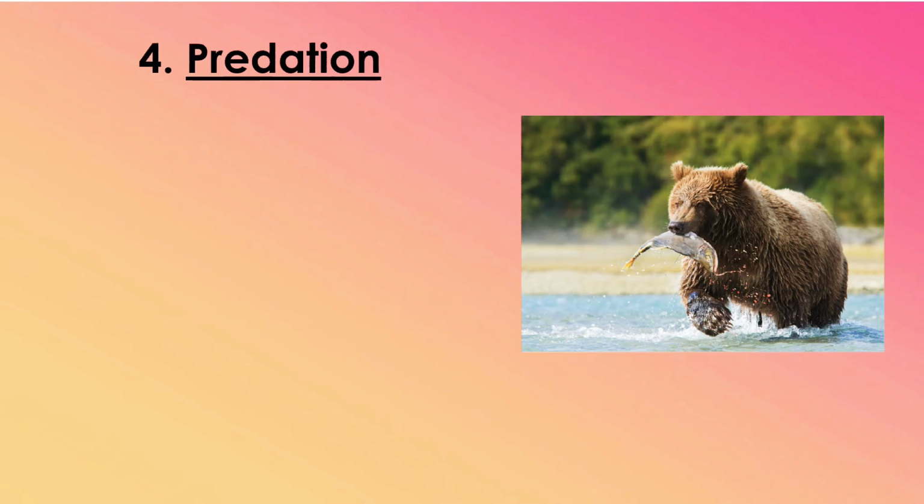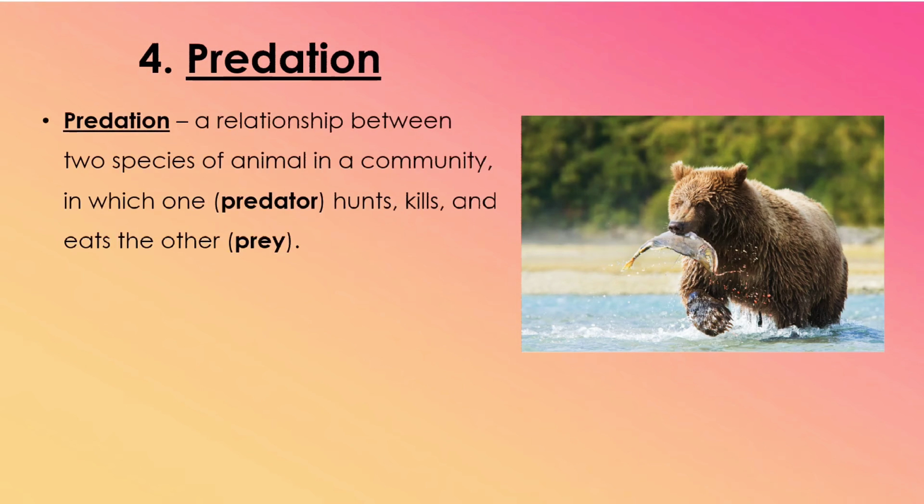And we also have what we call predation. Predation is a relationship of two species of animals in a community in which one becomes the predator and the other becomes the prey. The prey is the animal being killed, and the predator is the animal that hunts or kills the other one.